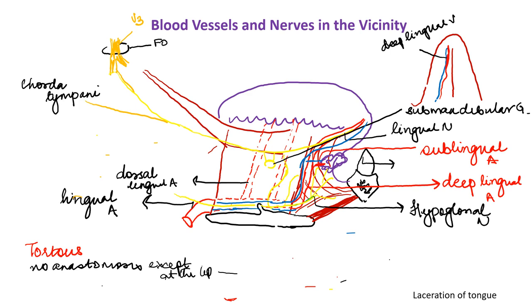So the deep lingual vein arises from the apex. It is joined by the sublingual vein. Together they form the vena comitantes, which run along with the hypoglossal nerve superficial to the hyoglossus.